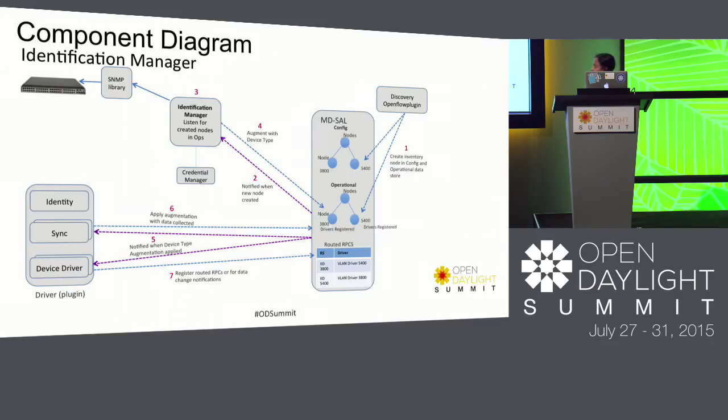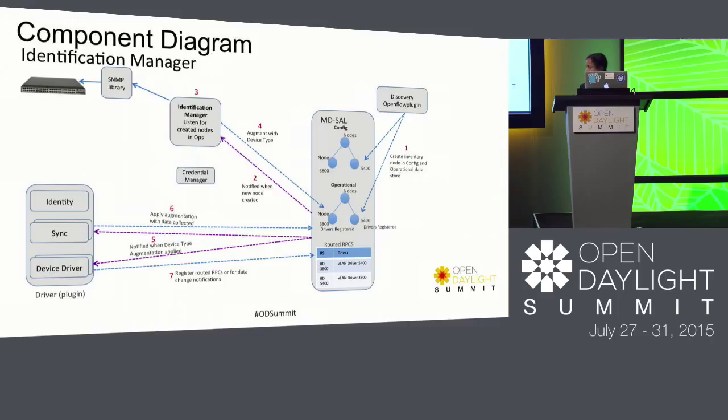Once it happens, this driver plugin gets notified. If it is the HP 3800 in this example, then this device driver applies augmentation with data collected. Once again, there are 3 components you can see here in this plugin. One is the identification part. That is, when the plugin gets installed, it is going to write the device identification information into the data store that we have seen in the previous slide.